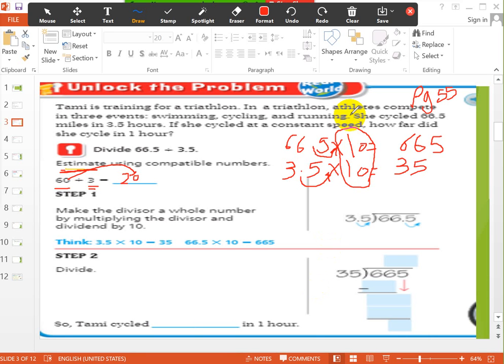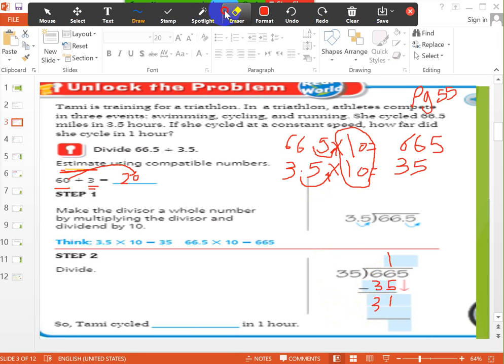Only one. Thank you, Farah. So it will be 1 in the tens digit. Now I will multiply 1 by 35, so it will be 35. Then I will subtract, the same steps as in division. 6 minus 5 equals 1. 6 minus 3 equals 3.